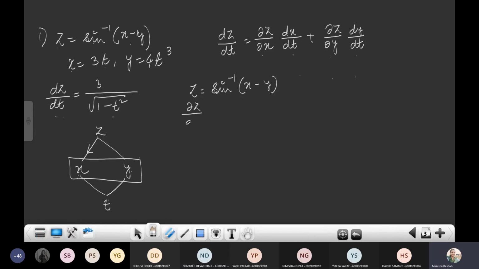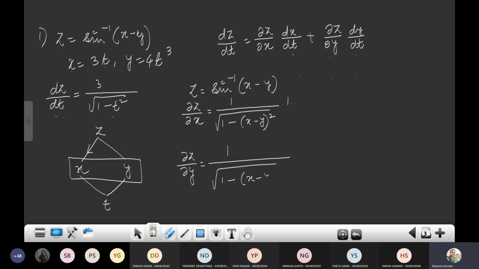First we find del z, del x, assuming y constant. It will be 1 upon root of 1 minus (x minus y) whole square, into del x of (x minus y), which is equal to 1. Similarly, del z, del y will be 1 upon root of 1 minus (x minus y) whole square, into del y of (x minus y), that will be minus 1.